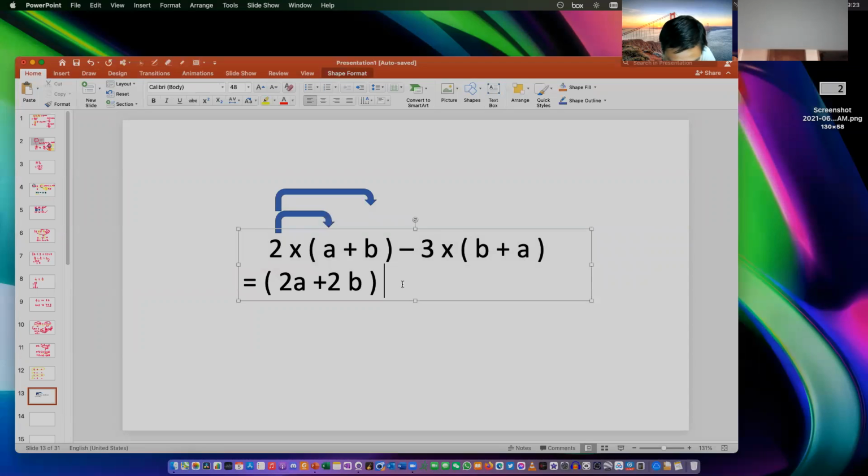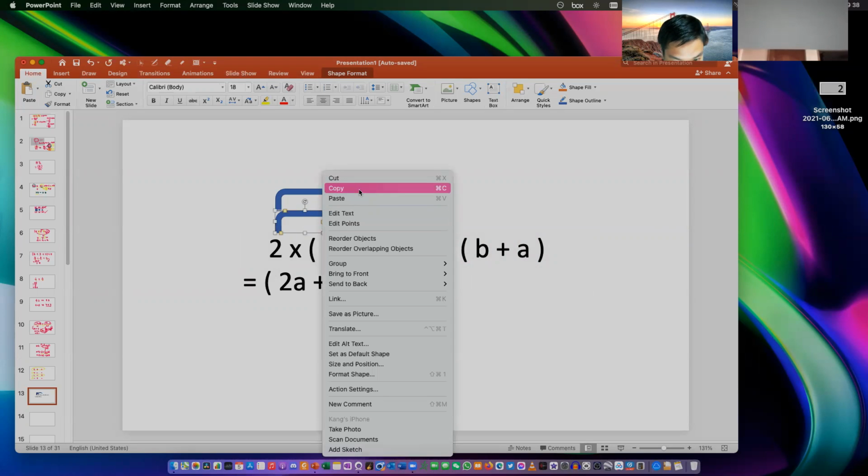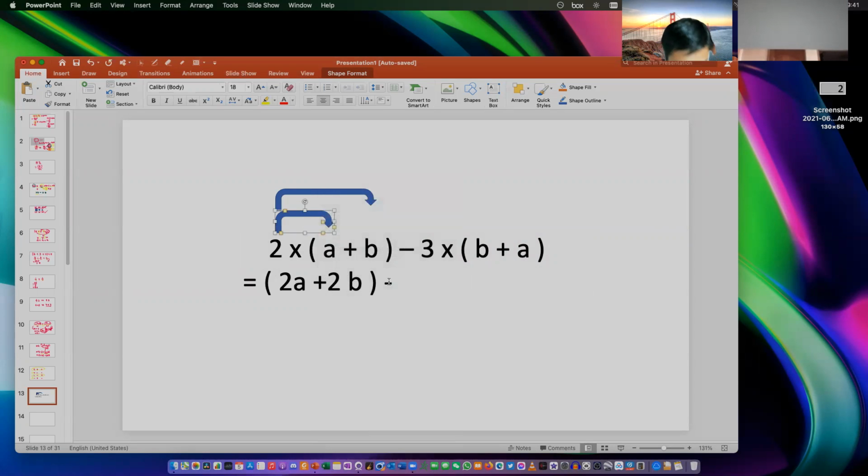Similarly, let me continue. You are doing the second part here, right? Let's say you also have the first arrow. B, hex. So this is the first arrow.